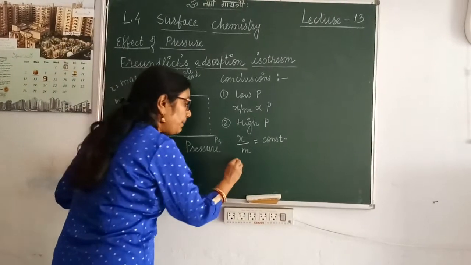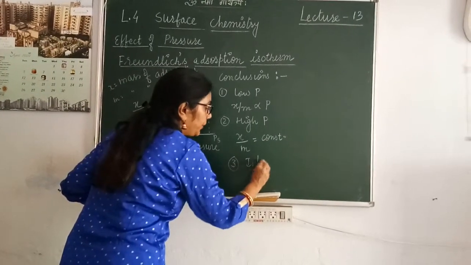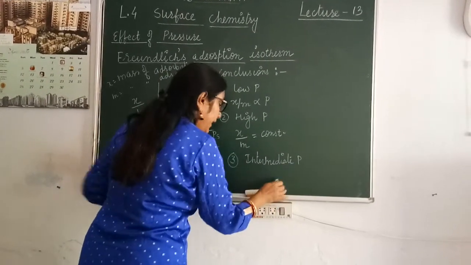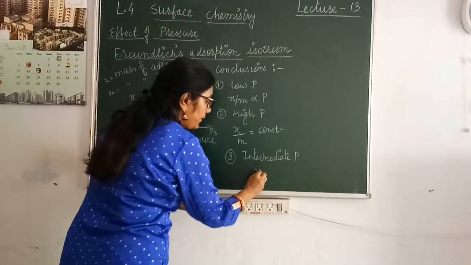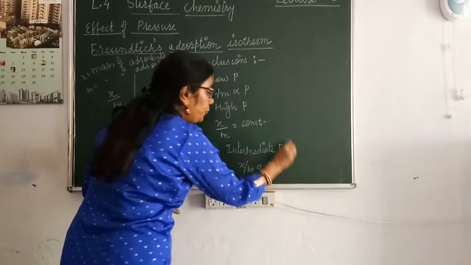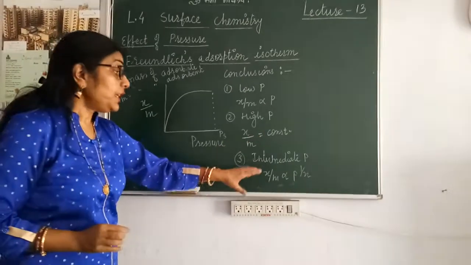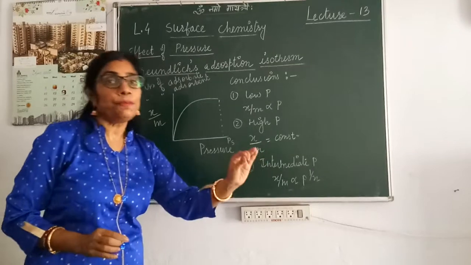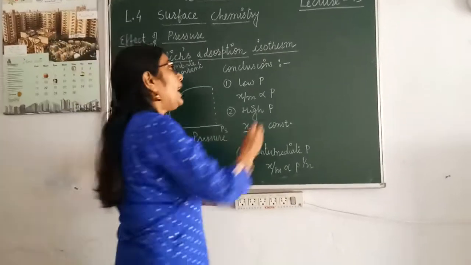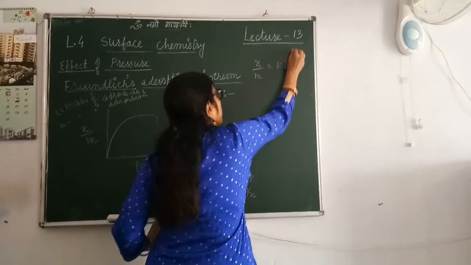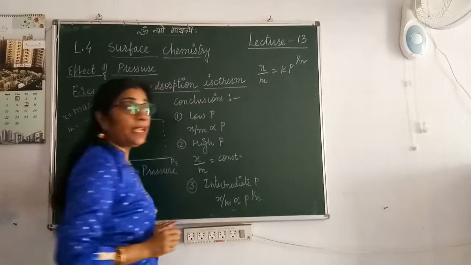But what happens at an intermediate pressure? At an intermediate pressure, x by m is directly proportional to p to the power 1 by n, where the value of n lies from 0.6 to 1, and x by m is equal to k p to the power 1 by n.